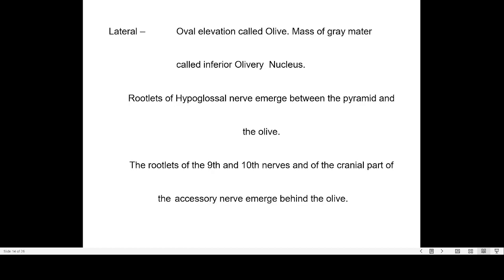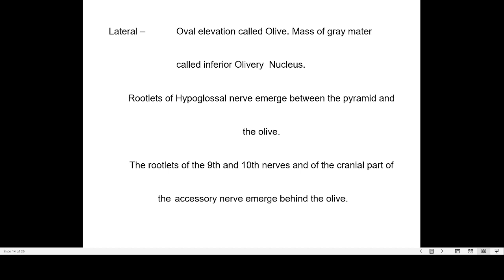Then in the lateral aspect, there is one of the important nuclei, an oval elevation called the oliva. It is a mass of gray matter, called the inferior olivary nucleus, which is present in the lateral aspect.